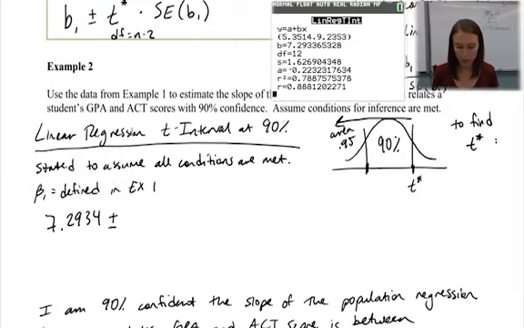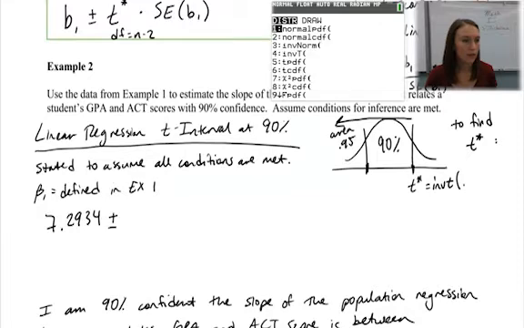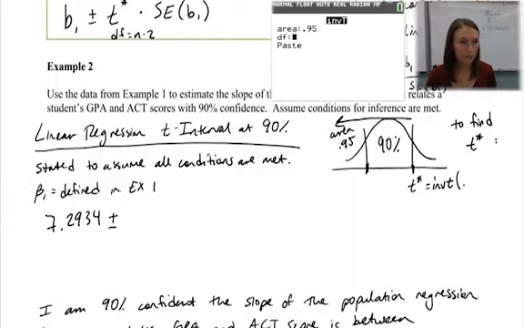So I can use the invT. I'm going to go to vars, and I'm going to go to invT. My area is 0.95. My degrees of freedom were 12.